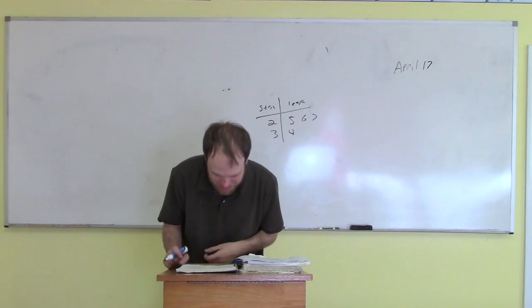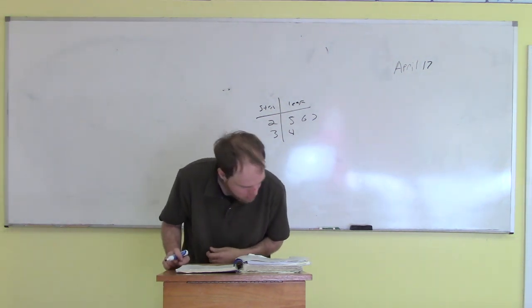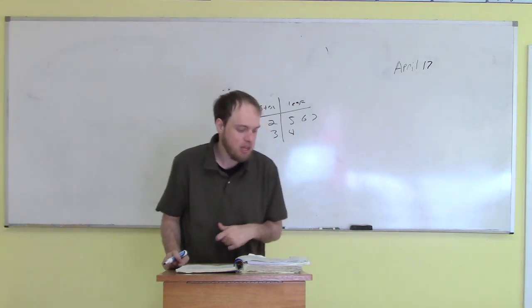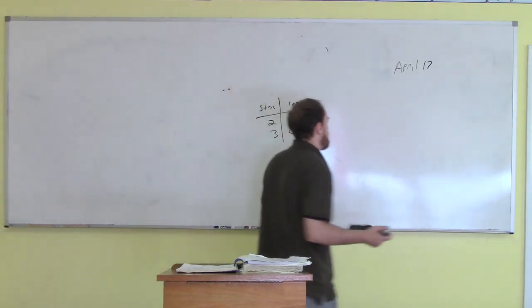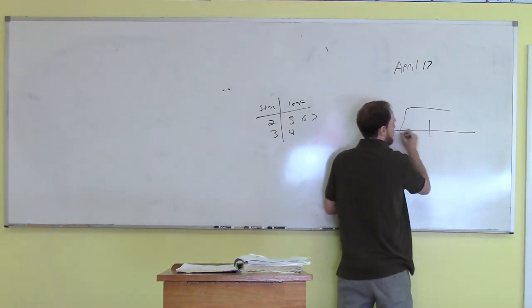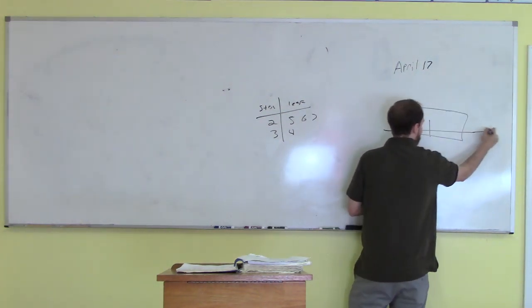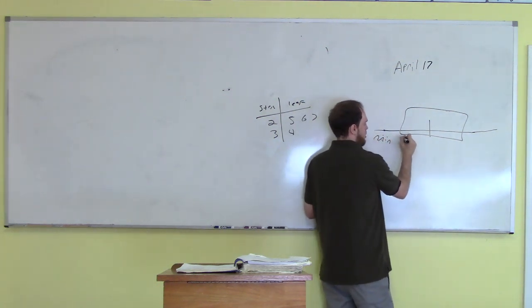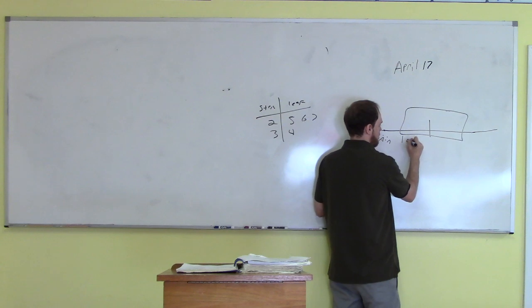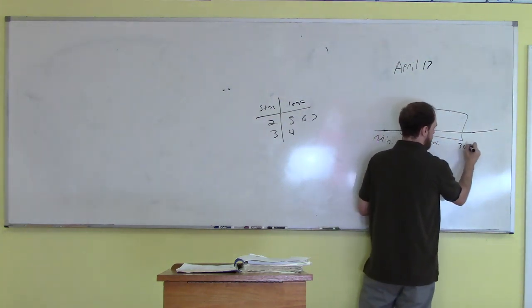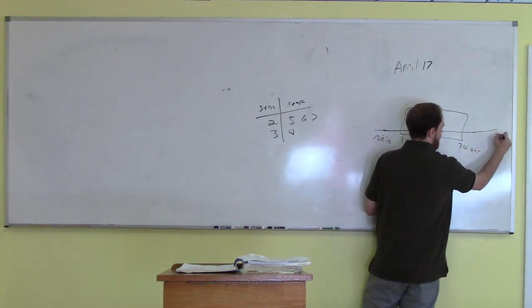And then, let's see what else we got. 5-number sequence with the box and whisker plot. The box and whisker plot is basically here. You have your minimum, and then your first quarter, then your median, and then your third quarter, and then your max.